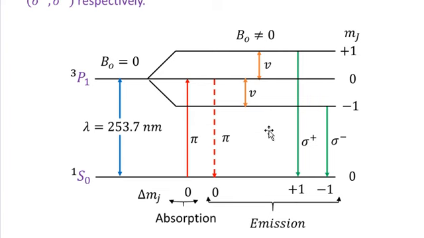So you will keep on tuning your microwaves, and when the microwave signal matches with the energy separation between these Mj levels due to the magnetic field B1, then what will happen? These transitions, sigma plus and sigma minus, will take place, and the ground population will increase.